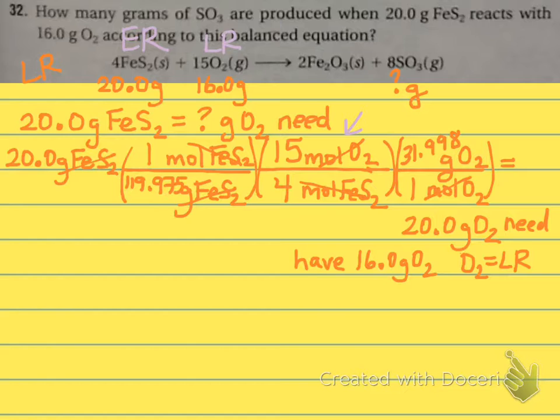So limiting reagent, that makes the other reactant my excess reagent. So now I can actually answer the question, which is how many grams of product. I have to start with my limiting reagent, which is my 16 grams of oxygen. Again, I'm going to use my molar mass of oxygen that I've already calculated once to convert that to moles of oxygen.